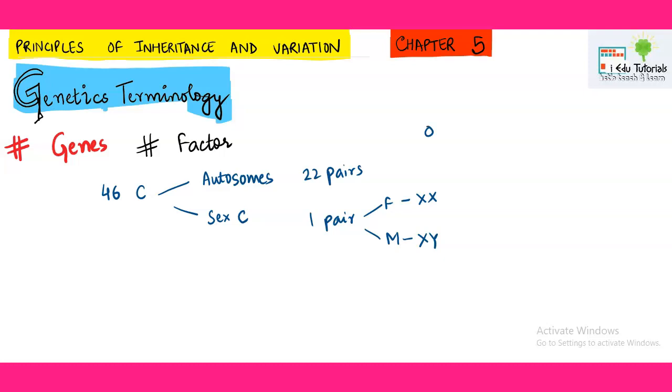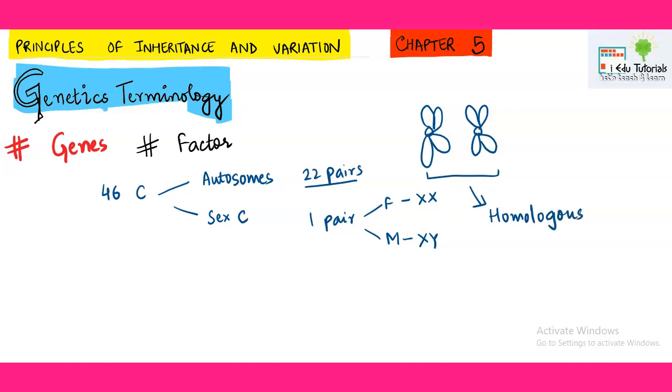Now let's talk about a pair of chromosomes. A chromosome generally looks like this, and the chromosomes in a pair, like here I have said that 22 pairs are there. So there would be 22 pairs. Here I have just shown one pair to you, and the chromosomes of the pair are known as homologous chromosomes. Why are they said to be homologous?